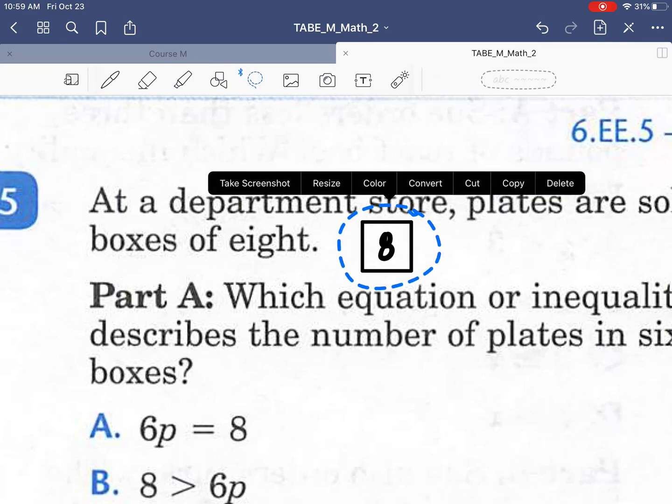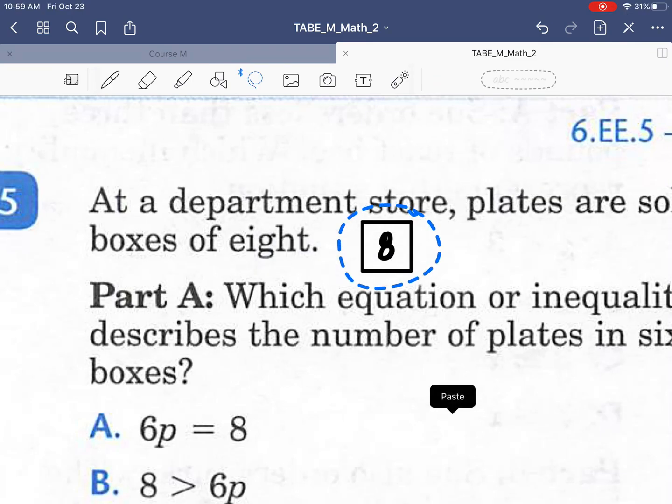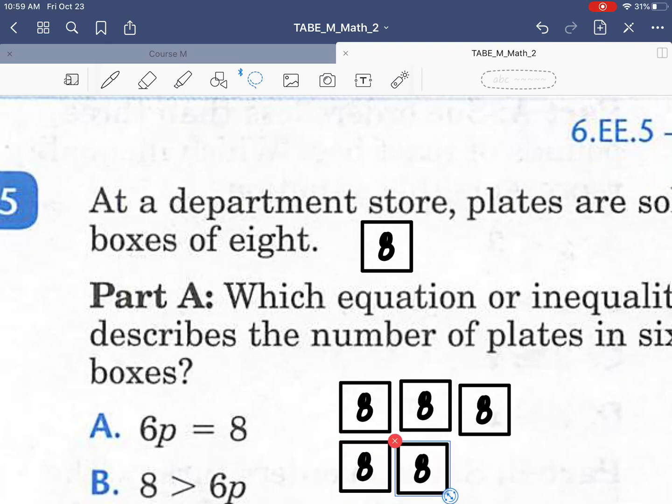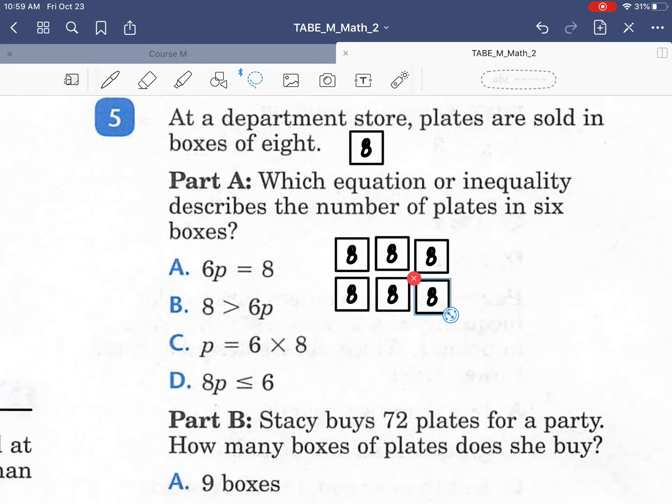If we want to buy 6 of those, and I'm going to put them all in here, let your brain think about what I'm doing here. I am making the same box over and over and over. I am multiplying.